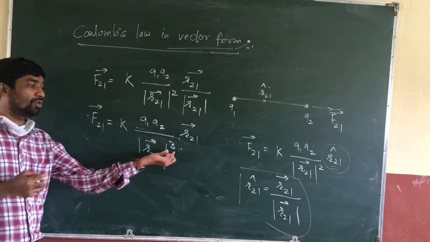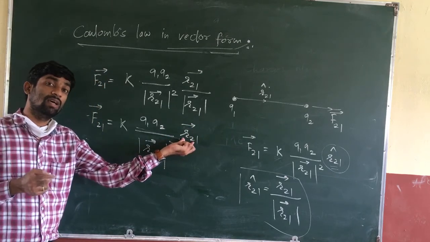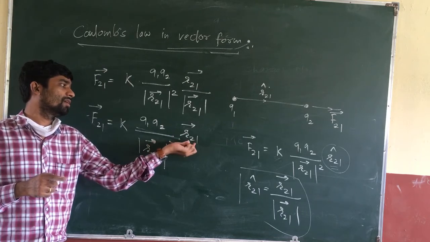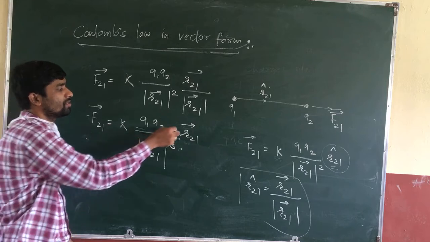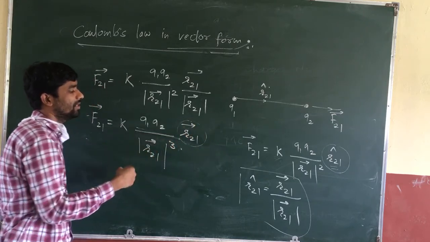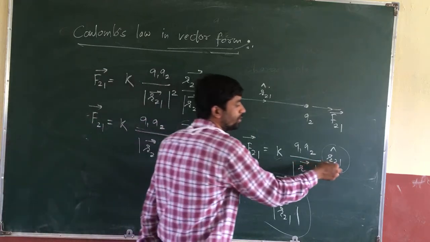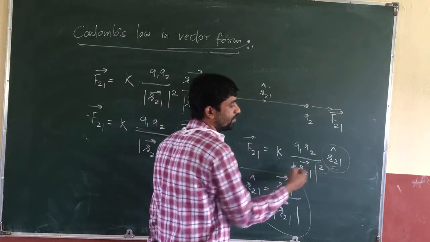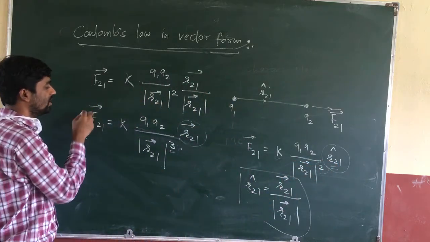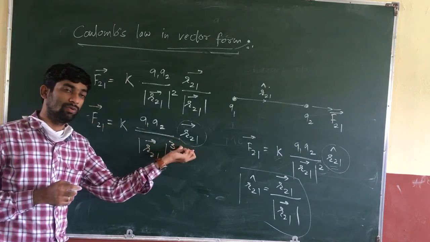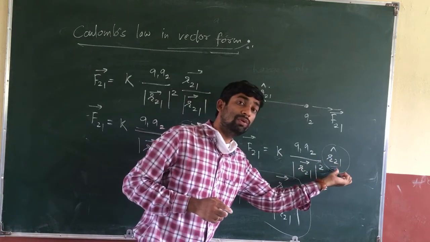So a cubic term is there when the direction of force is given in terms of R21 vector, and if it is in terms of the unit vector, there will be the square term. This is the representation of Coulomb's law in vector form, in terms of R21 vector and in terms of the unit vector.